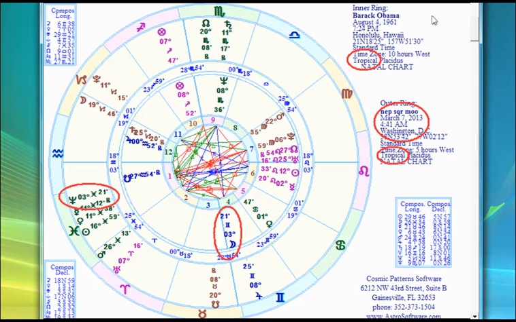Now, I used Barack Obama's chart in another video, and someone commented that his birth certificate is forged. There's this whole debate about whether his birth certificate is real or not. So, if it's not, then okay, then we can still learn from it. And if it's an actual real birth certificate, then these would actually apply to his actual life.